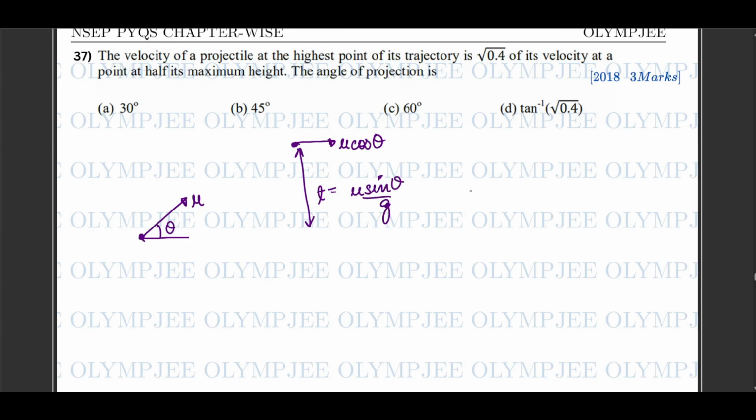Height is given by u square sin square theta by two g. So half height will be u square sin square theta by 4g.